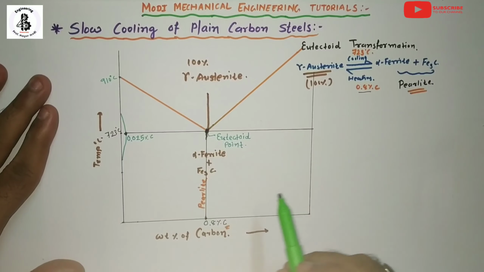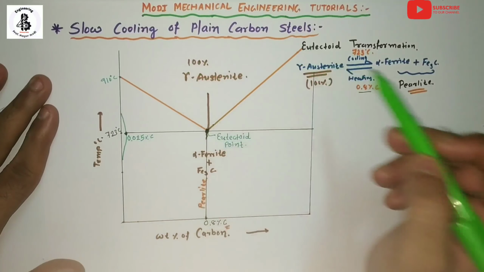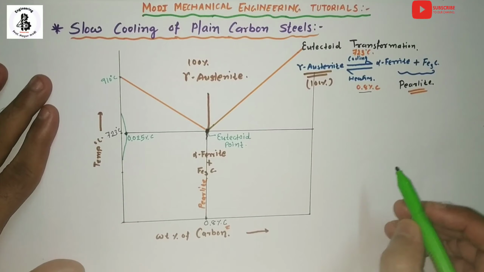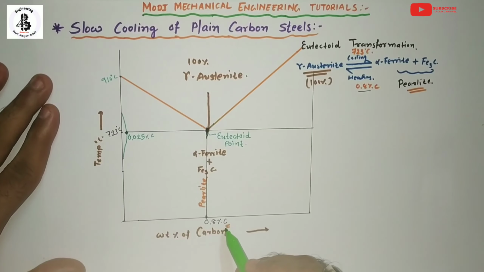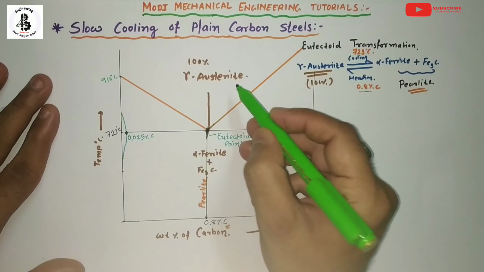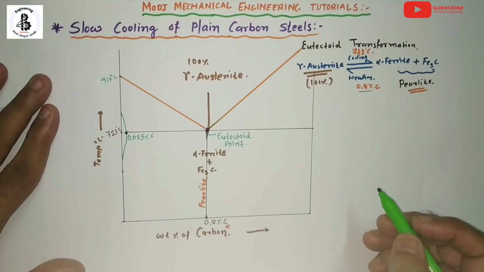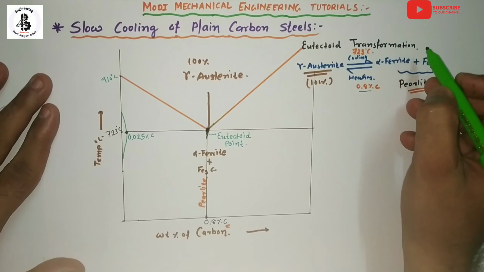For a better understanding of the slow cooling of plain carbon steels, at 0.8% carbon the transformation from austenite to pearlite is known as the eutectoid transformation.